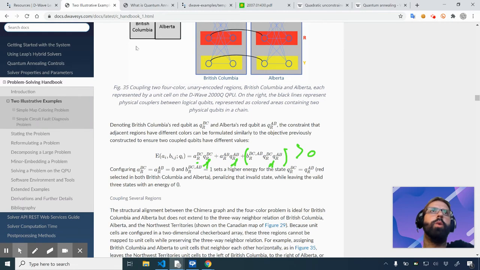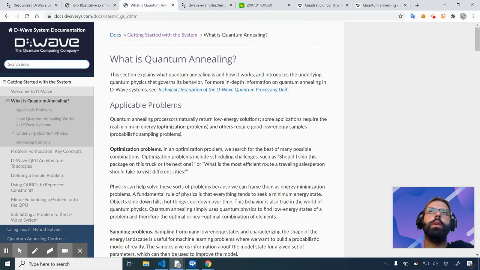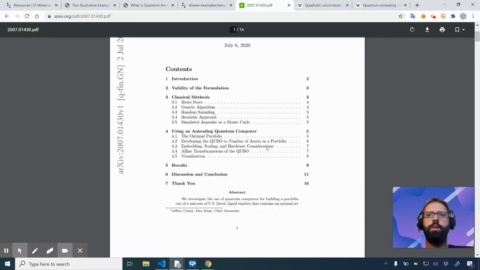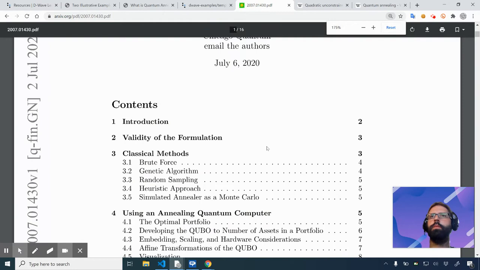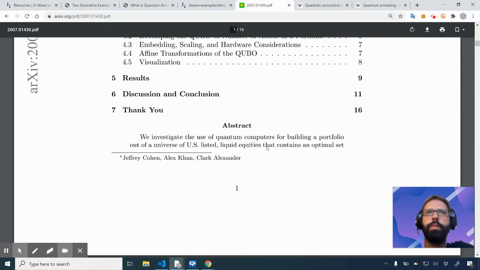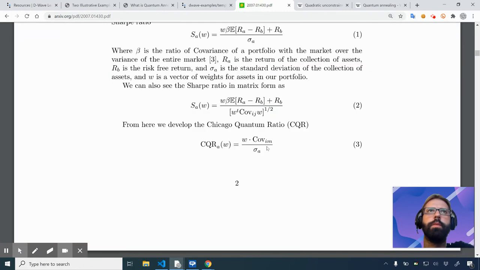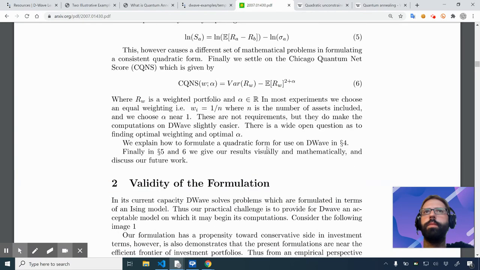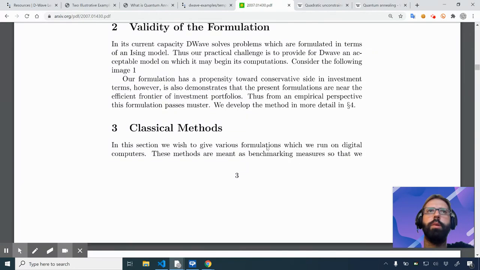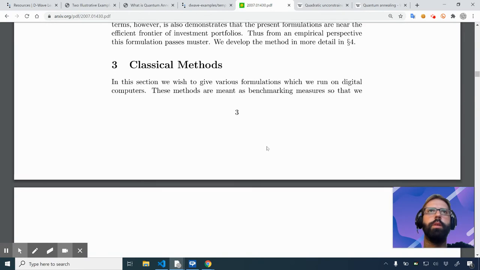And okay, if I go back to the paper, back to the paper, classical methods.